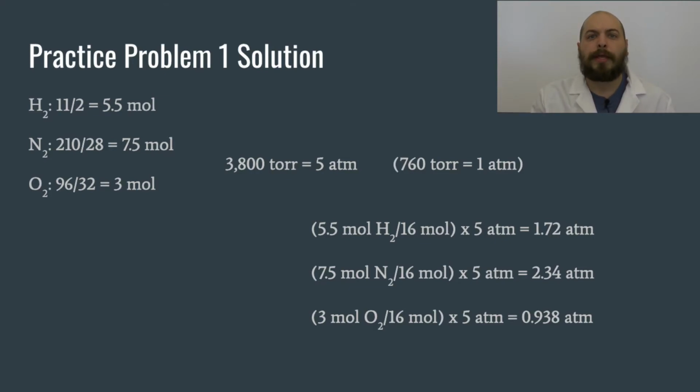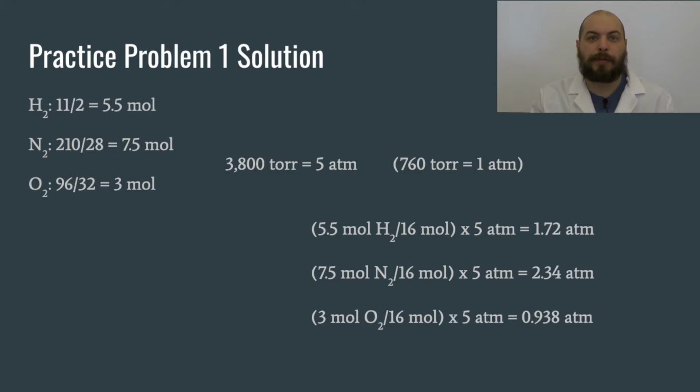Remember, it's O2. And we get a total number of moles for oxygen of 3. So we have 3 moles of oxygen. This means that we have 5.5 moles of hydrogen, 7.5 moles of nitrogen, and 3 moles of oxygen. That means we have a total of 16 moles of gas. So we have 16 moles of gas present.